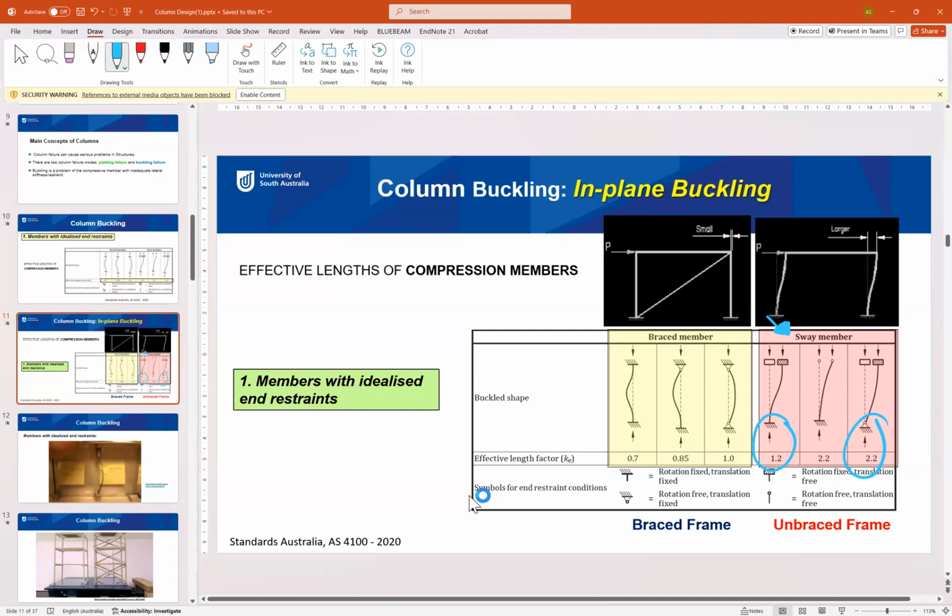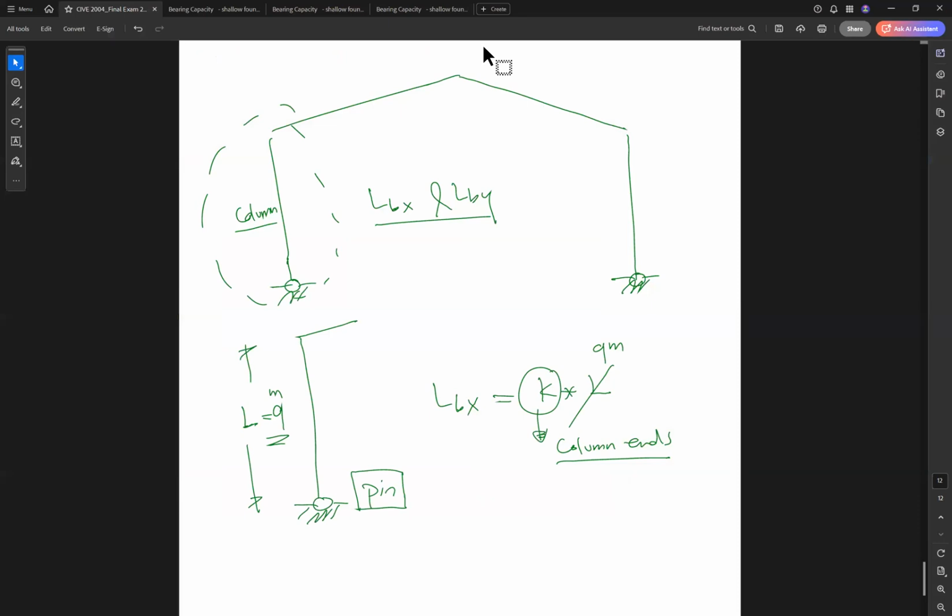So if we go back to our slide again, what you can see here, is it bend or fixed at the bottom now? Bend. If it is bend, how much is K? 1.2. So LBX will be 1.2 times 9, for example, so it is 10.8 meters.